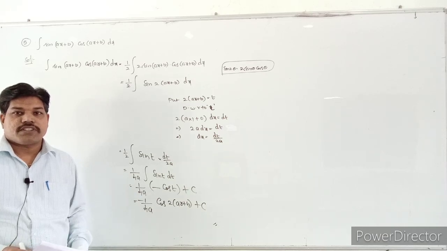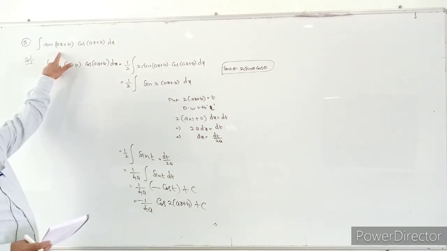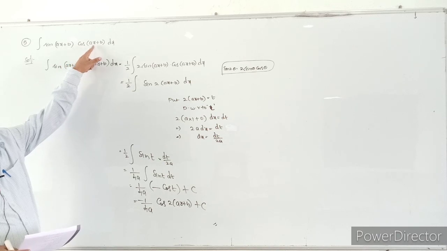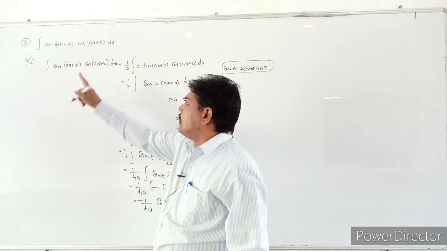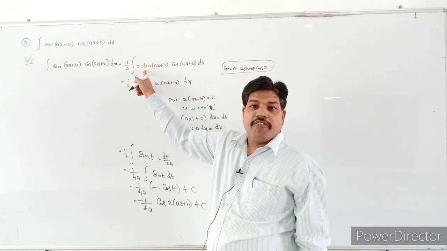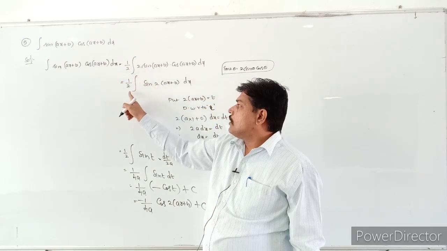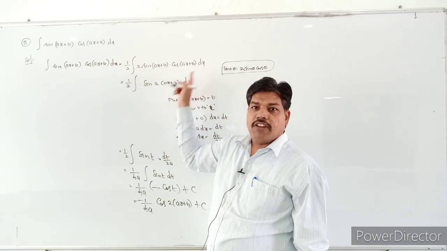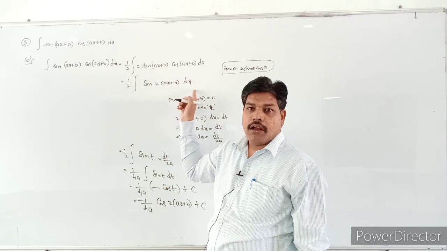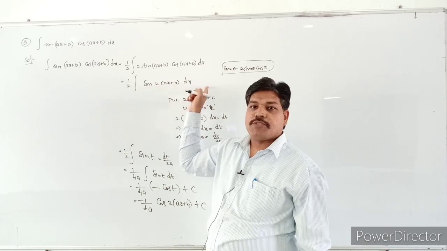See that question once again, students. What they have given is the integral of sine of ax plus b into cos of ax plus b. Here I multiplied and divided by 2. So that is equal to 1 by 2 into 2 sine theta cos theta, which becomes sine 2 theta. So sine of 2 into ax plus b into dx.